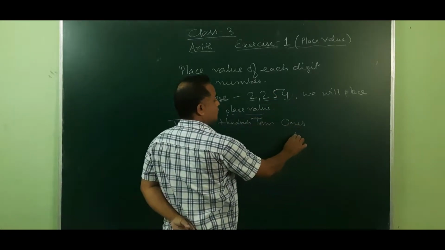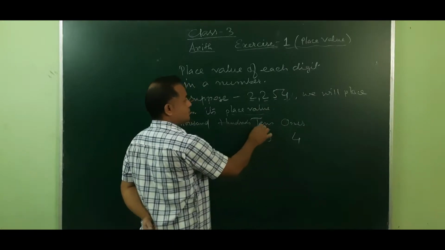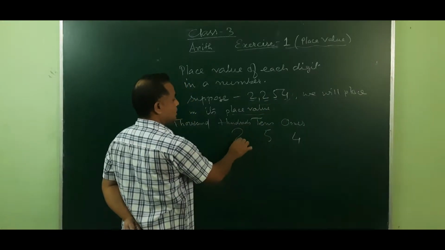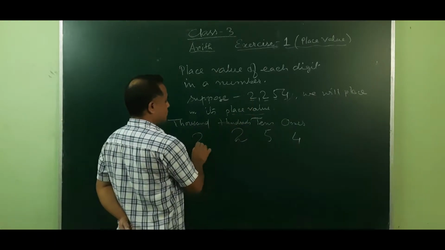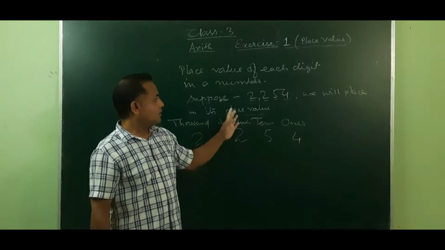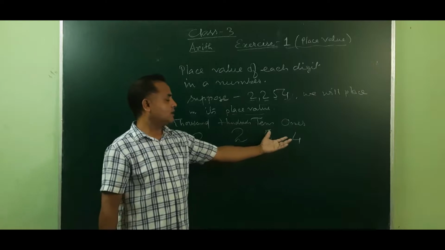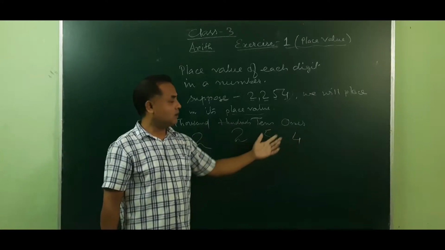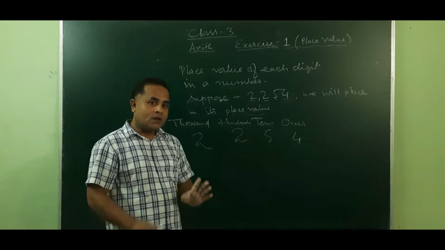So the place value of 4 will be in the ones, the place value of 5 will be in the tens, the place value of 2 will be in the hundreds. So the face value 2254, when we place it in the place value, we can write in this way: 4 in the ones, 5 in the tens, 2 in the hundreds, 2 in the thousands.